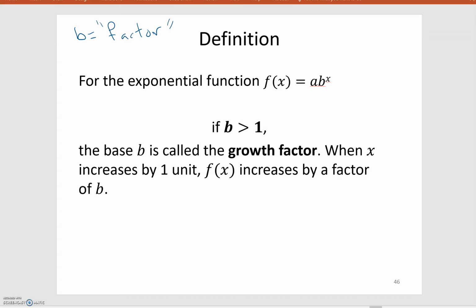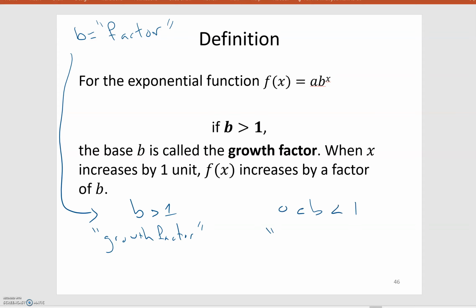And notice here I've got this restriction, if b is greater than 1. Well, let me explain what this is talking about. If b is greater than 1, we have a growth factor. But if b is less than 1 but greater than 0, then b is a decay factor. But in either case, it's the factor, okay?